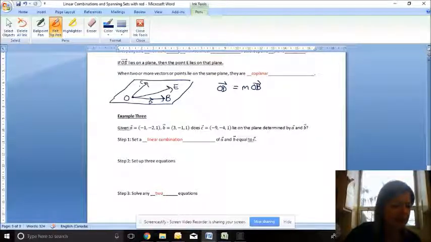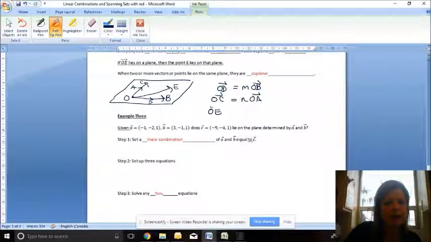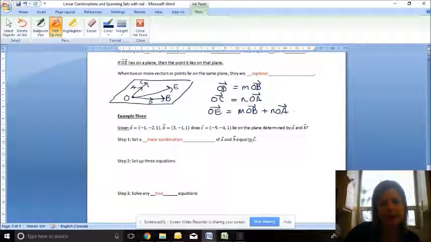Or here's our A, I could say that vector OC is some other n times OA. And then OE is a linear combination, m OB plus n OA. So these are all coplanar because they lie on the same plane.